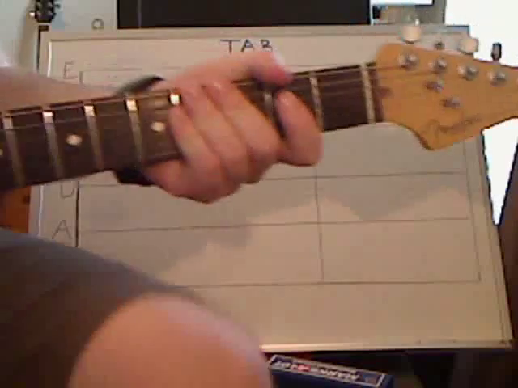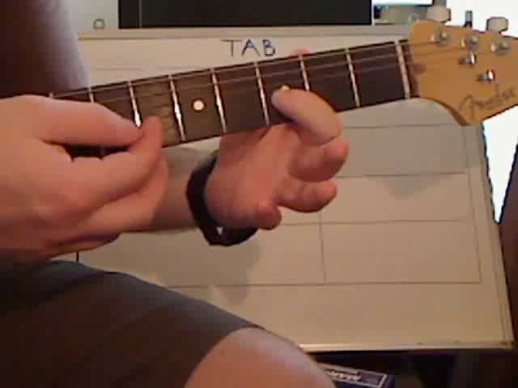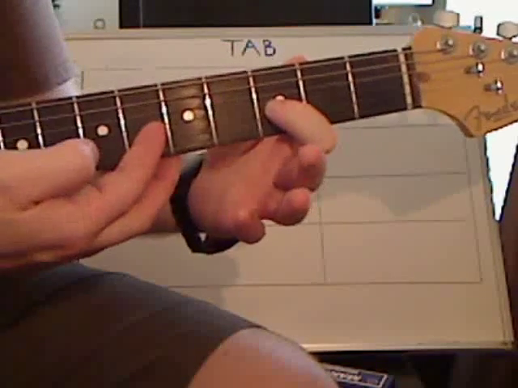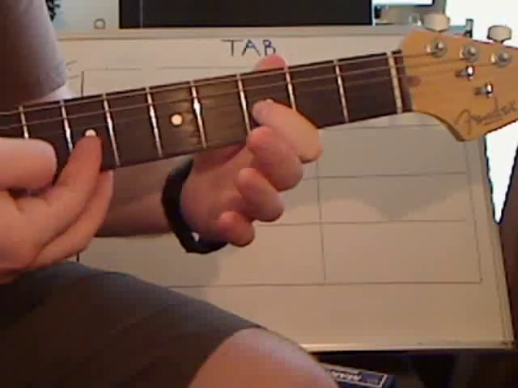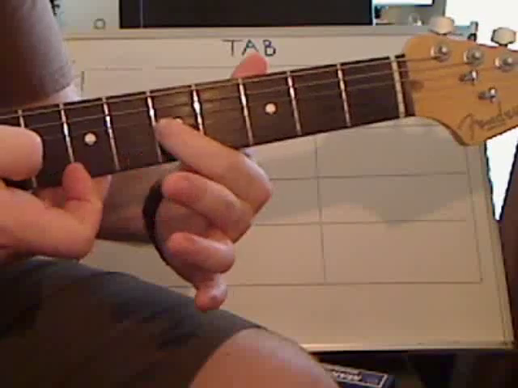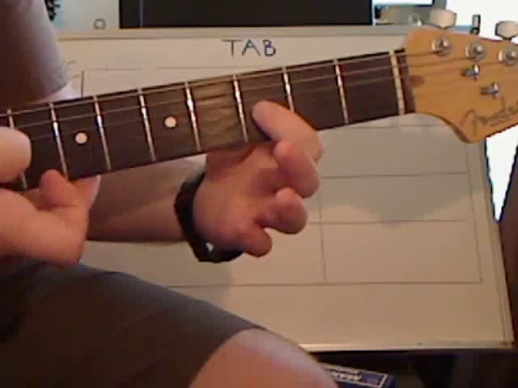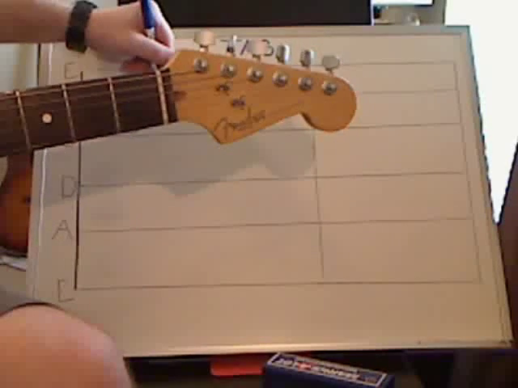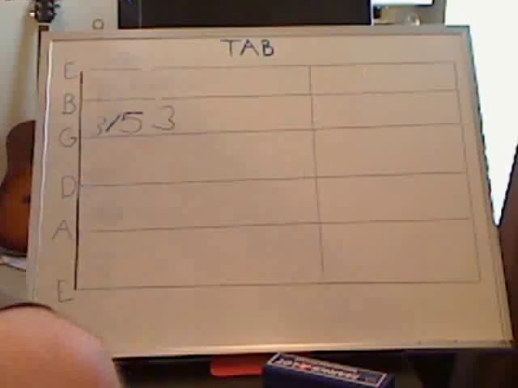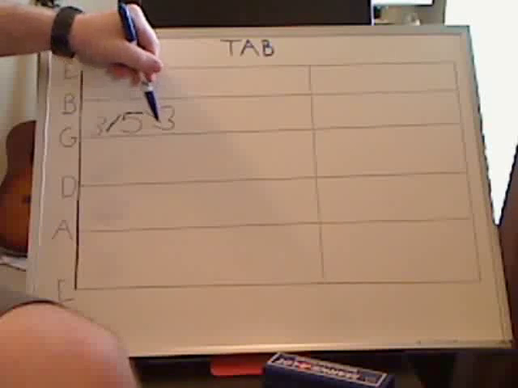So what that looks like is this. Now I'm going to pluck with my first finger here so you can see me actually pluck it. I'm going to slide from here to here and slide it. So that's how a slide is written. Okay? If I'm going from, let's say, 5 to 3, say I've got a 3 back here.